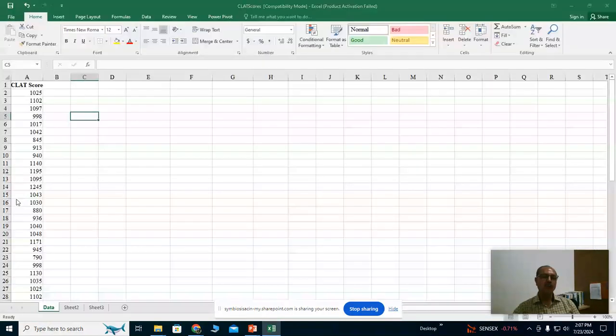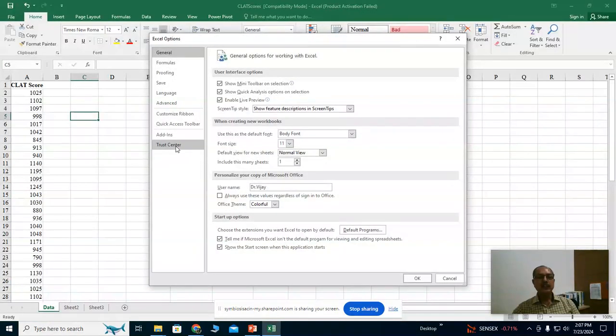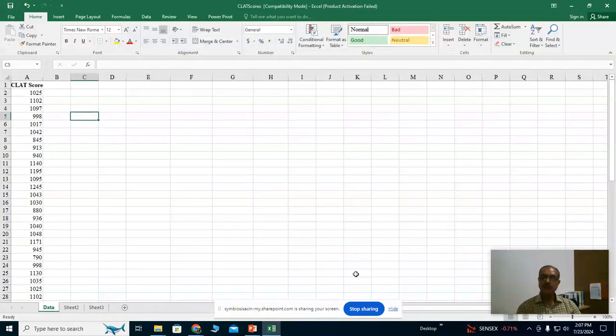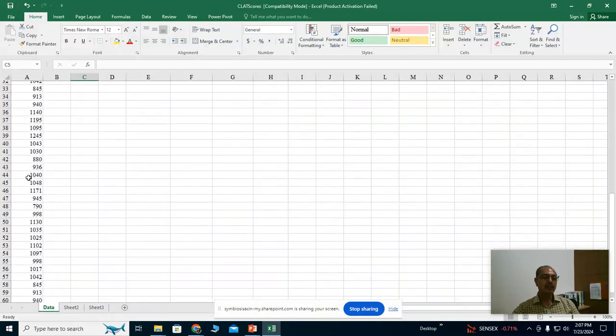Go to the options, then go to the add-ins, then add the Analysis ToolPak. Here you can see it is already added, so you need to do nothing. But if you are using the analytical tools for the first time, you need to add it from there. After that, this is the CLAT score of the 59 students.